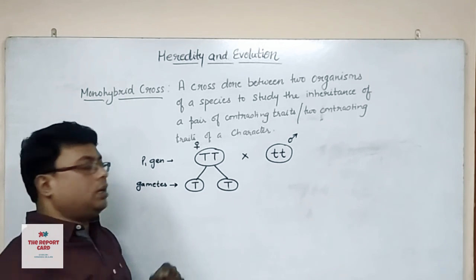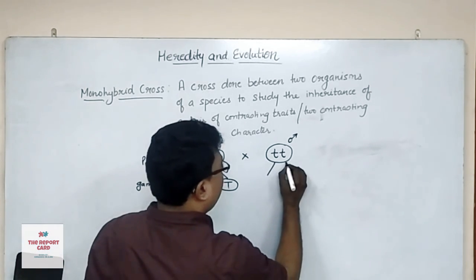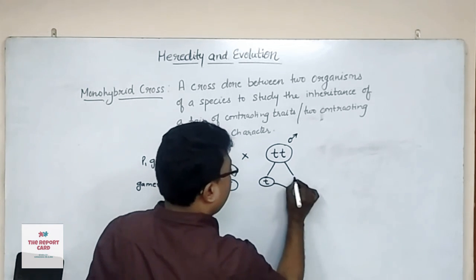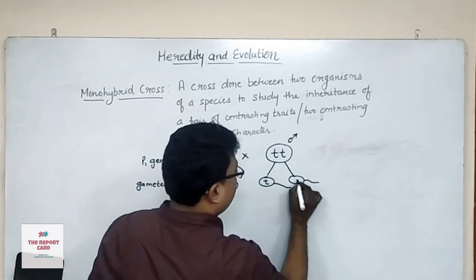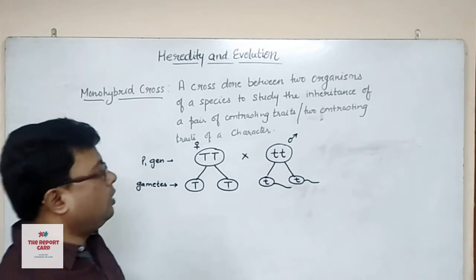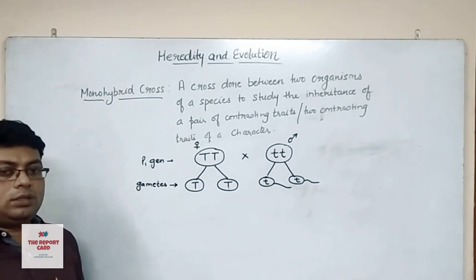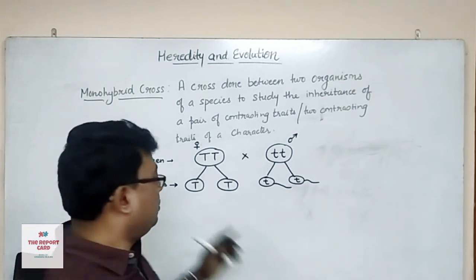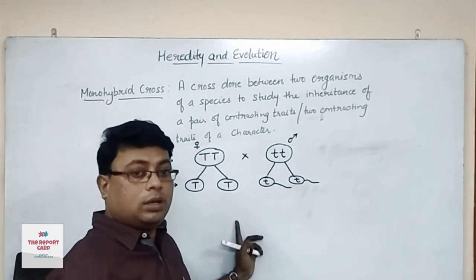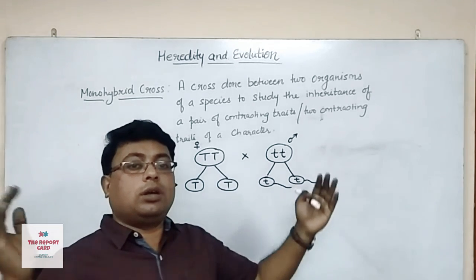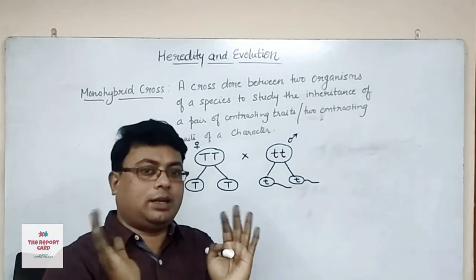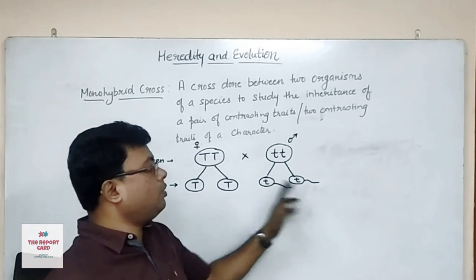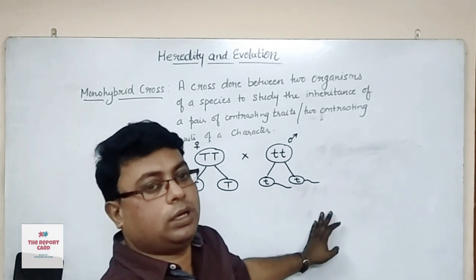And similarly for male also, one allele and one allele. Now, during fertilization, the gametes are going to fuse, and again in the zygote, two alleles will enter. We show gametes with only one allele because gametes are haploid.